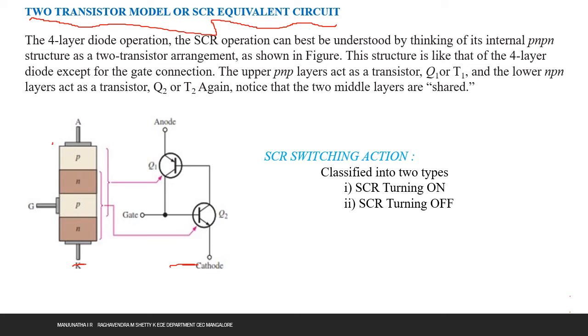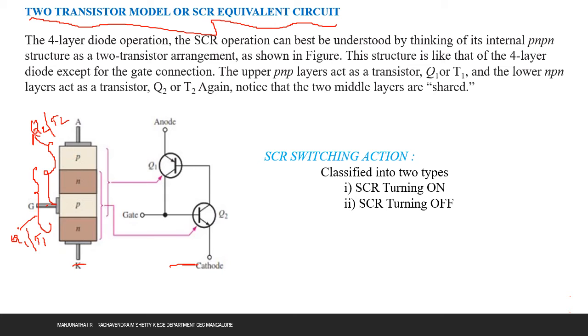So like this, PNP, and one more, NPN. This is transistor 2, Q2, and this is transistor Q1 or T1.